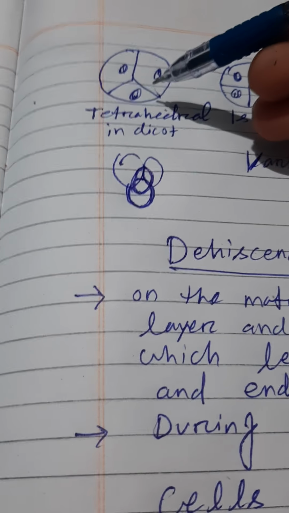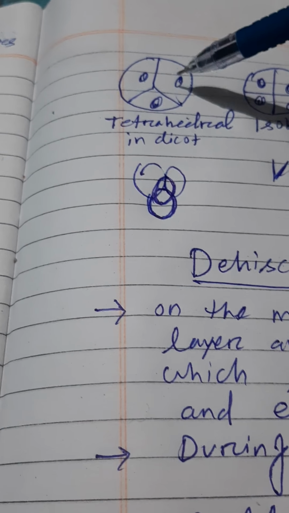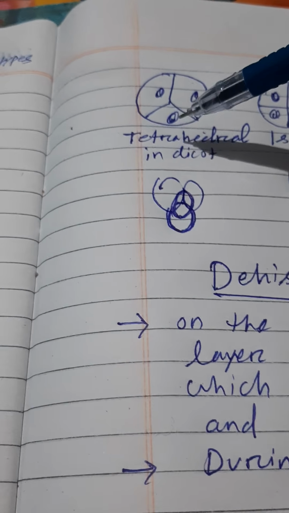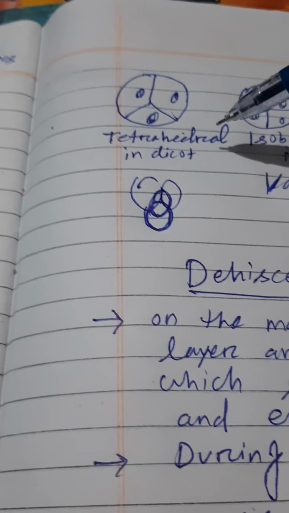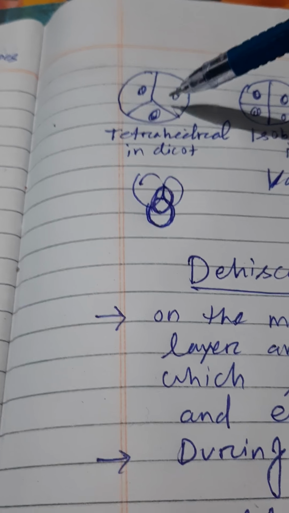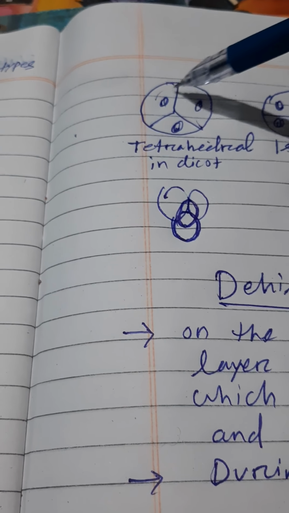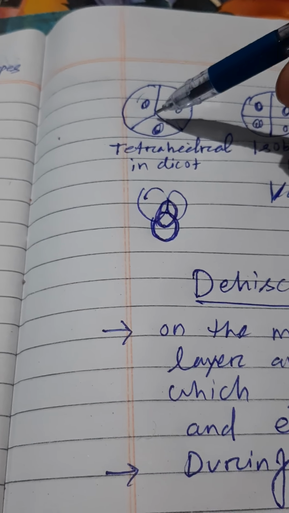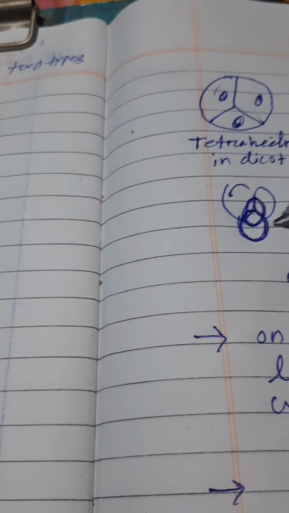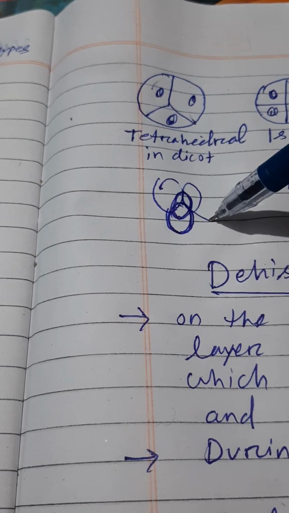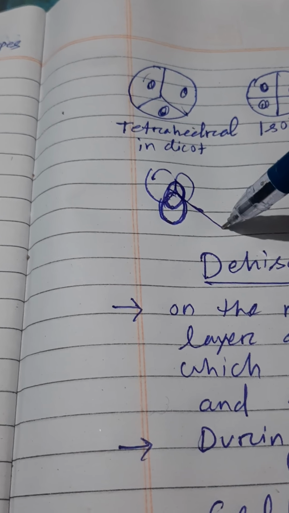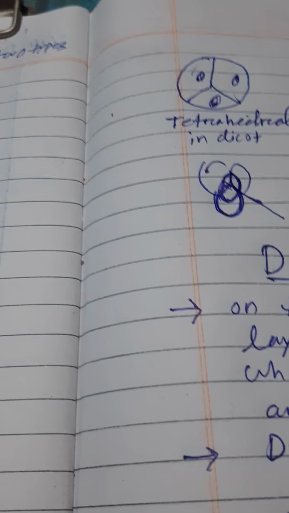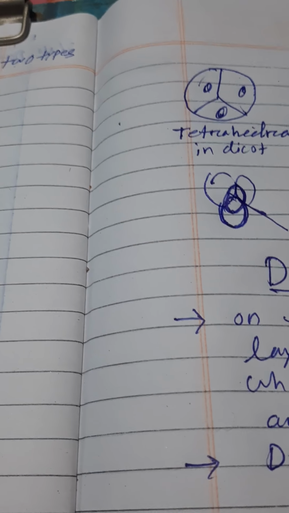But don't think it is 3 microspores. No, it is called tetrahedral, and tetra means 4. So you can see this is the forward side, and behind it another microspore is present. You can see another microspore here. That's why it is tetrahedral.